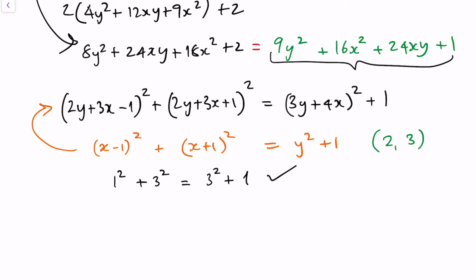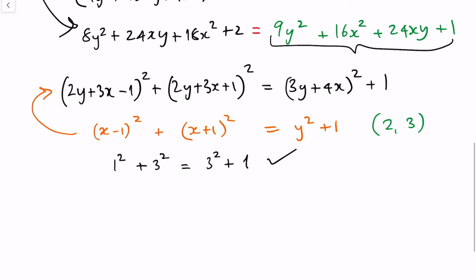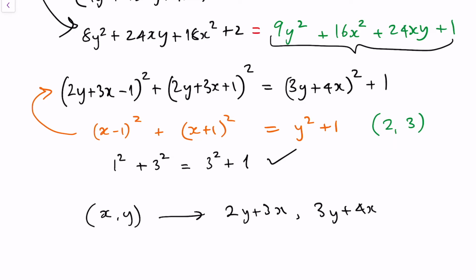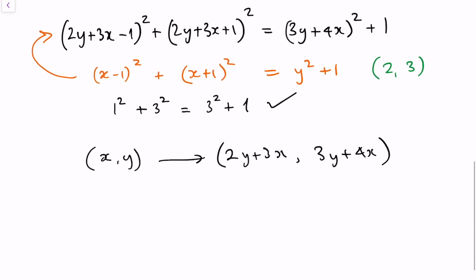Okay, so now what this is saying is that for any given x and y, you can replace x with 2y plus 3x and y with 3y plus 4x, and that will also be a solution. In other words, once we find one solution, there will be infinitely many solutions, but let's do it explicitly.